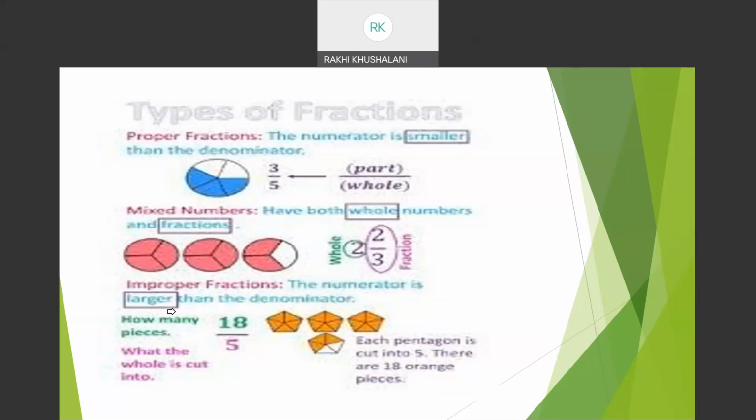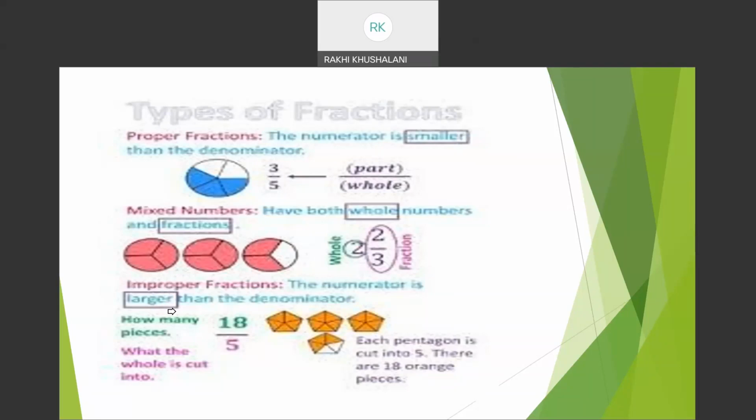Now, when does this situation arise? When we say that the numerator is more than the denominator, how is it that you have more pieces than the actual number of pieces you made of the pizza?